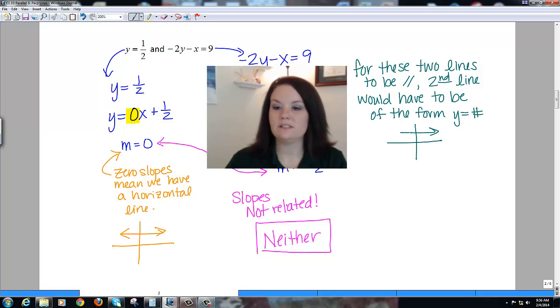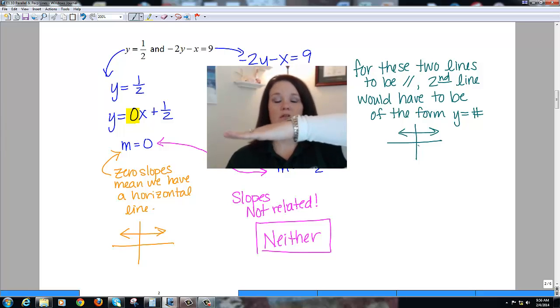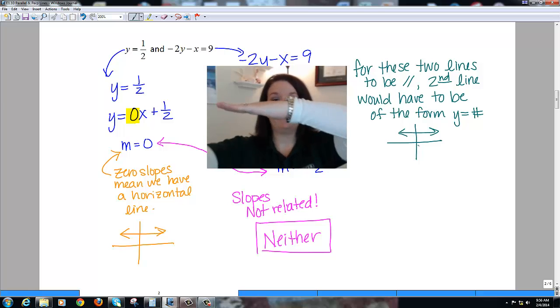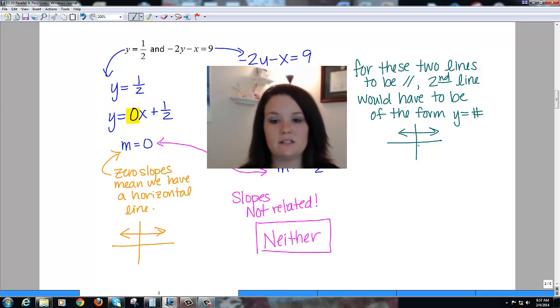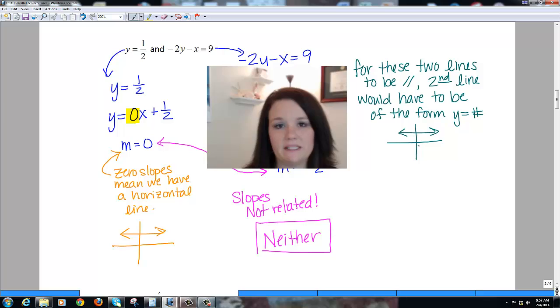It would have to look something like this, right? Or it could be down in the negative y's. But in order for this line that goes straight through a y value to have a parallel line, they would both have to go through y values, right? So notice on this one, since I have x's and y's on my second equation, there's no way that x is randomly going to go away, and I'm just going to have y equals some number.